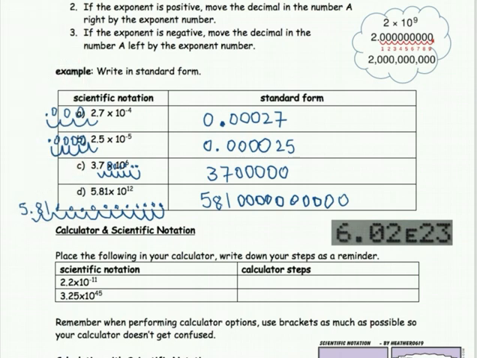If I'm writing that out in scientific notation, it would be 6.02 times 10 to the exponent 23.